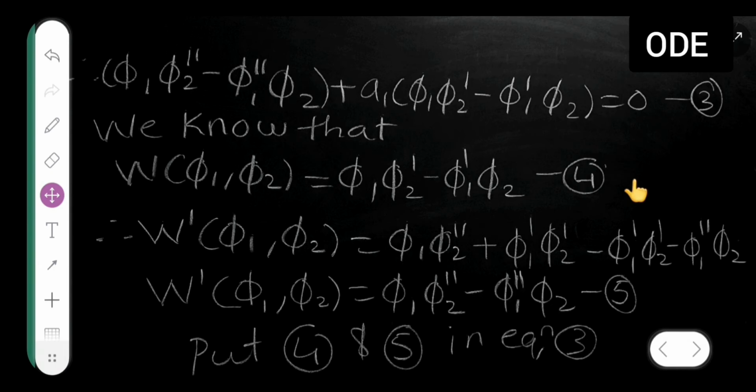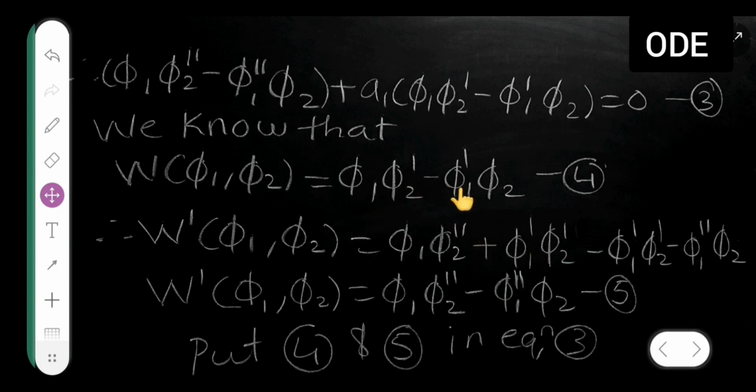Now you have to differentiate this. So W dash of phi1 comma phi2 is equal to, now you have to use the chain rule over here. Differentiate this, keep phi1 as it is, differentiate this: phi2 double dash, plus phi1 dash, now differentiate this and keep phi2 dash as it is.